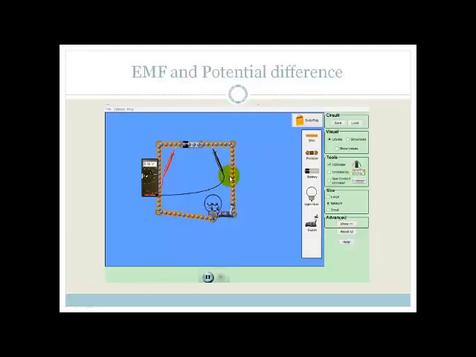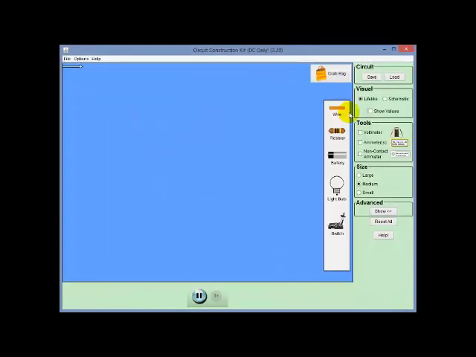Right. So now let us look at this little applet. Let us first of all grab a wire and then grab a battery.